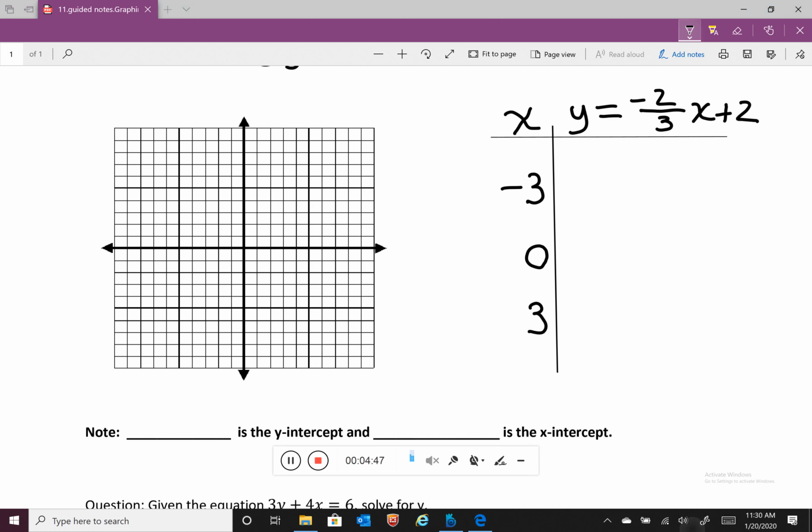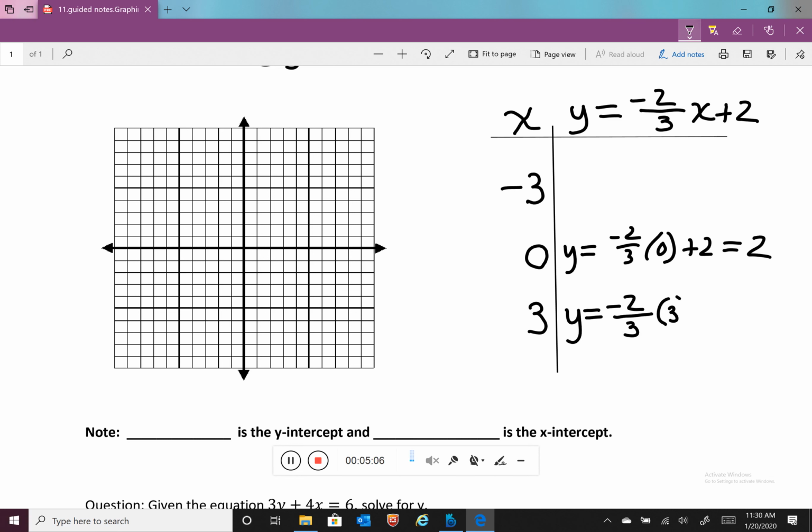So starting with 0, y is equal to negative 2 over 3 times 0. But anything times 0 is 0, and 0 plus 2 is going to give us an output of 2. Now substituting 3 in, this is where I'm hoping you can see why I'm suggesting we choose 3.